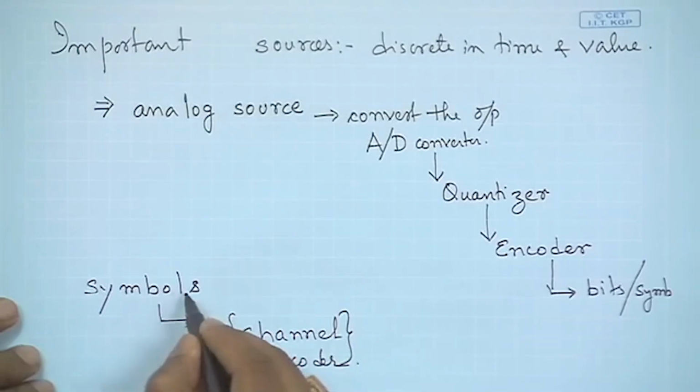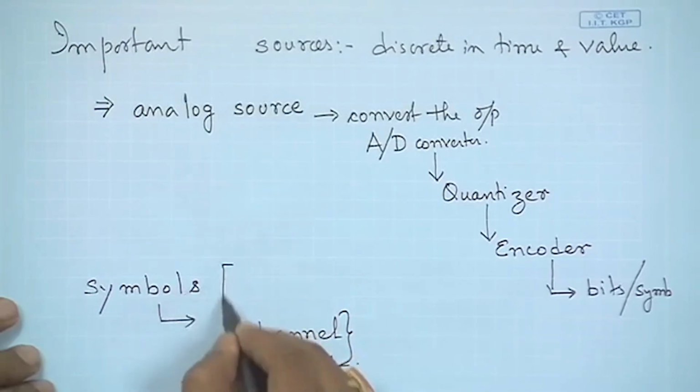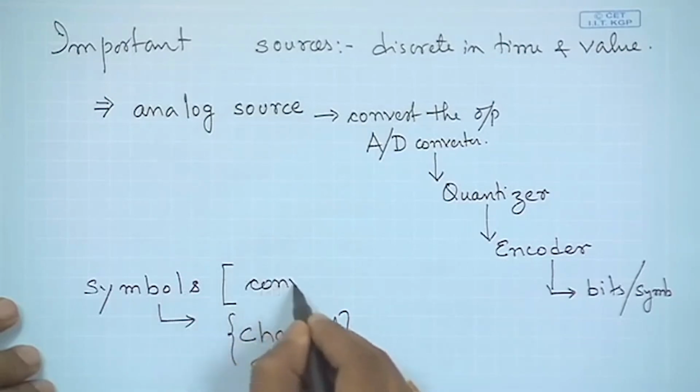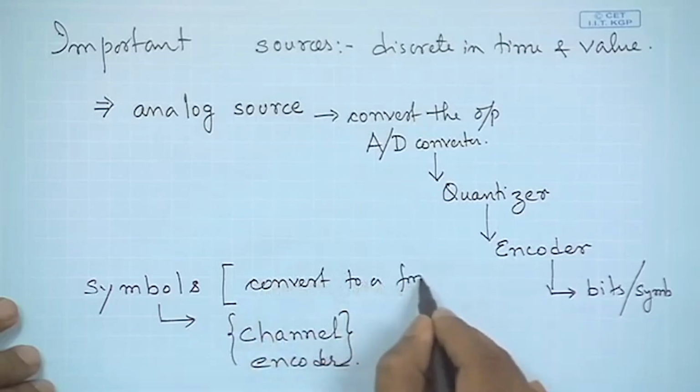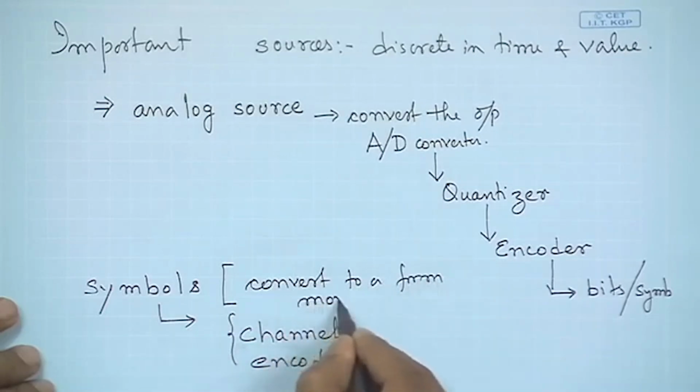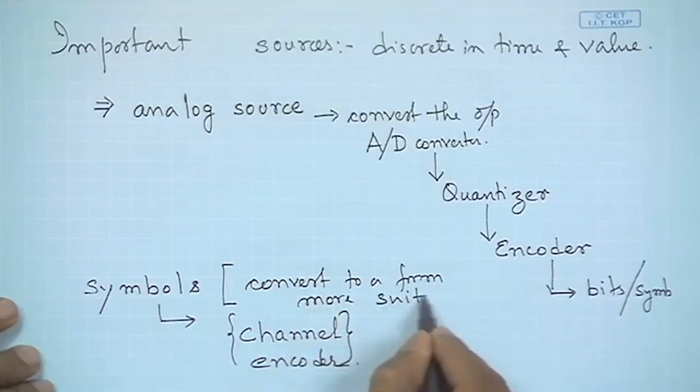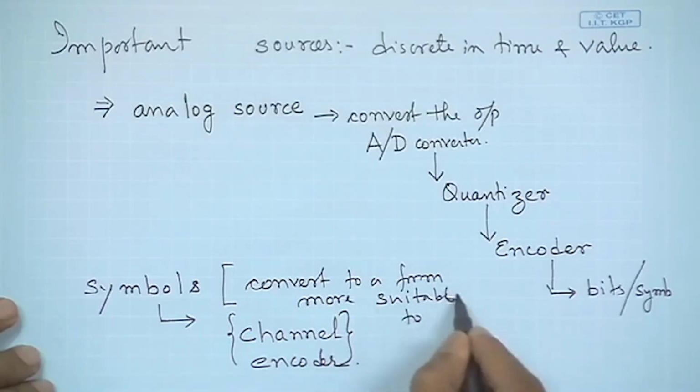Because these are still symbols in abstract form, one has to convert them again, to a form which is more suitable to the channel.